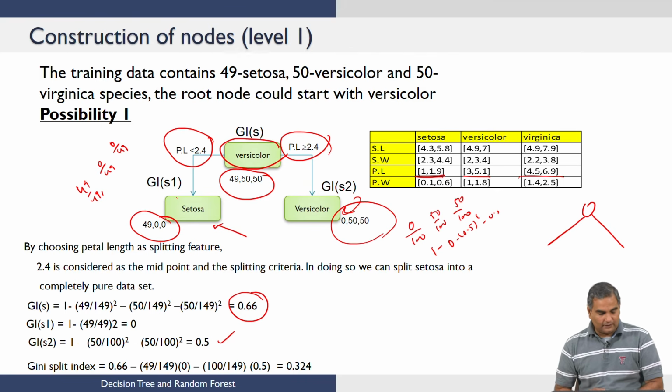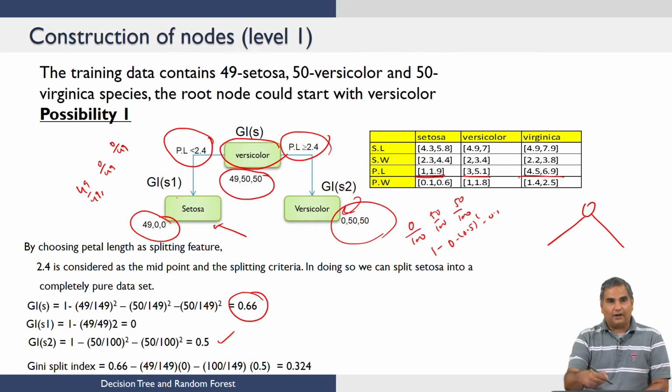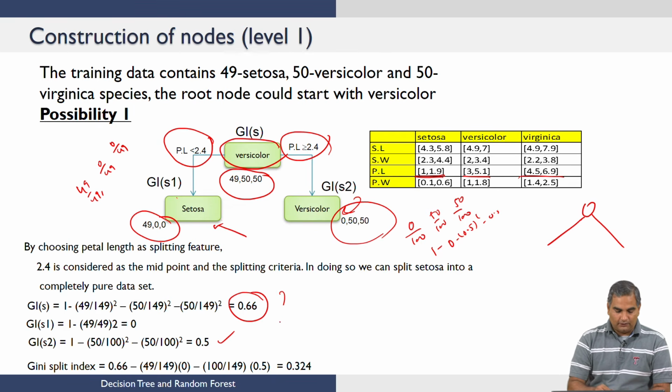Now, for this option of petal length and value of 2.4, if I were to compute a Gini split index, remember the Gini split index is the Gini impurity of the parent node minus the fraction of data that came to one child times its Gini impurity, minus the fraction of data that came to the other child times its Gini impurity. We have already computed the Gini impurity of these three nodes.